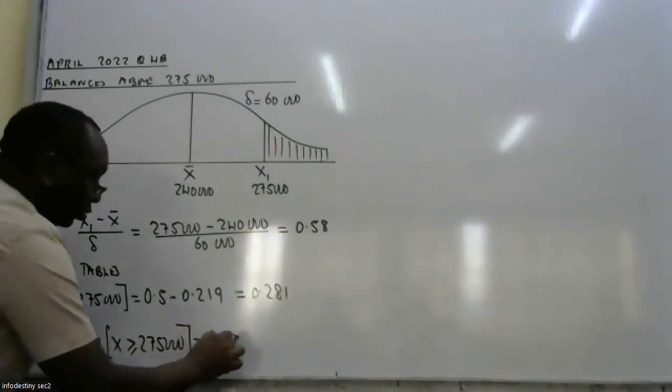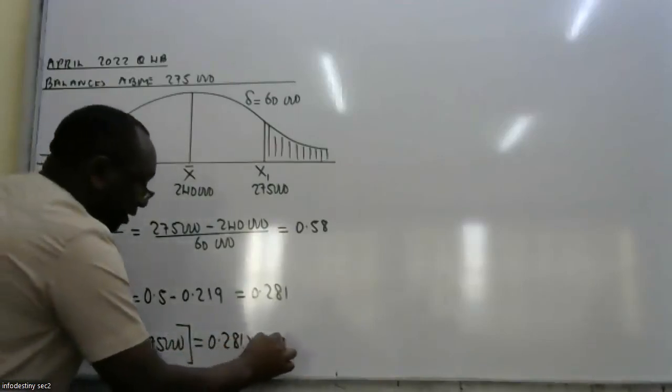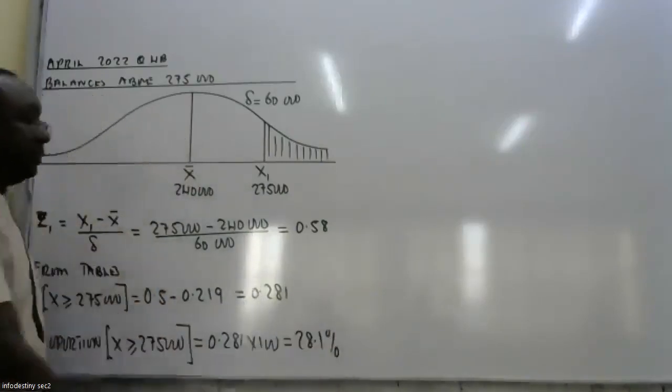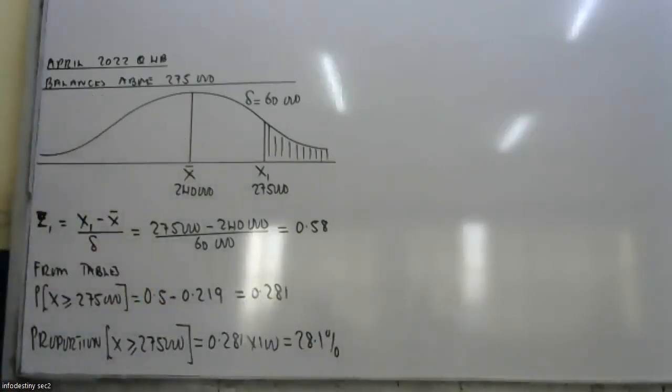So it is 0.281 multiplied by 100. So that tells you it is 28.1%.